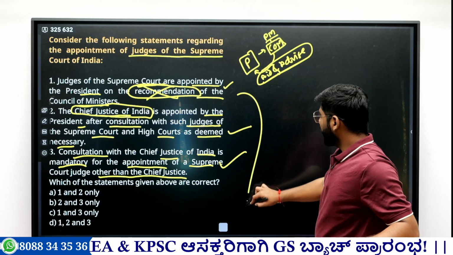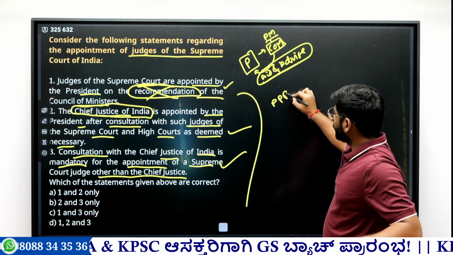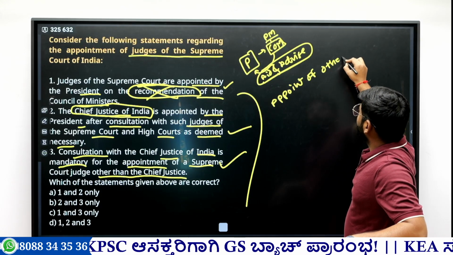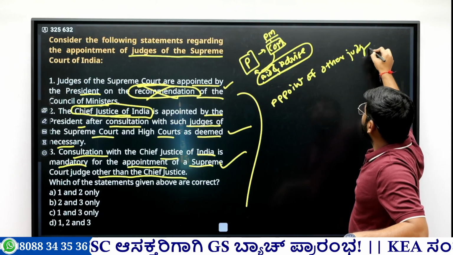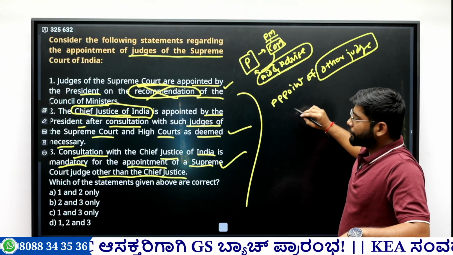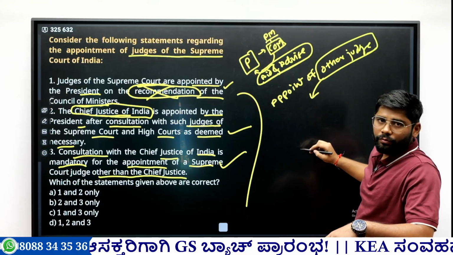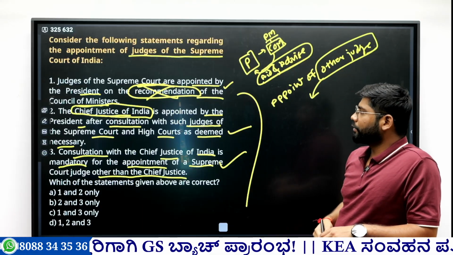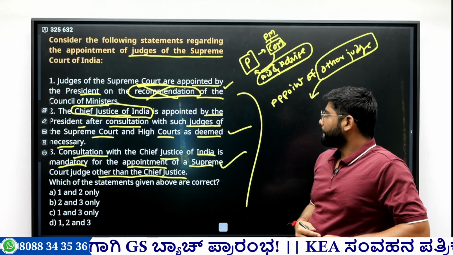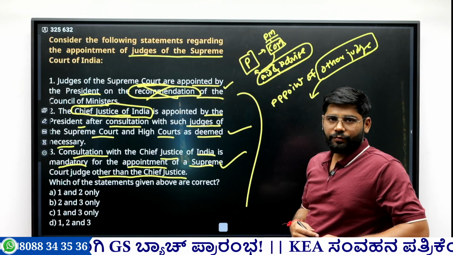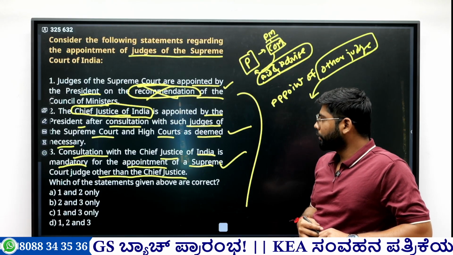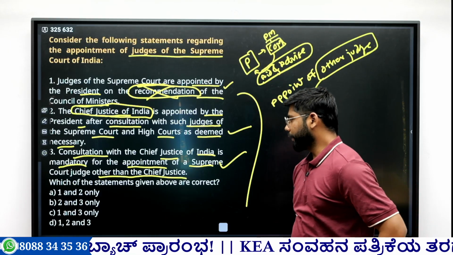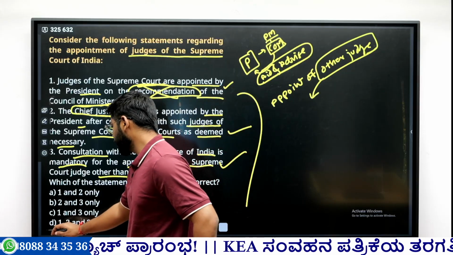But when it comes to the appointment of other judges, meaning other than the Chief Justice, he may consult the Chief Justice or not. This is not mandatory for him. But when it comes to the appointment of the Chief Justice, he needs to consult. So here also all three statements become correct.